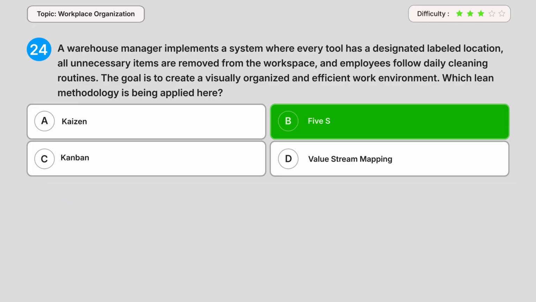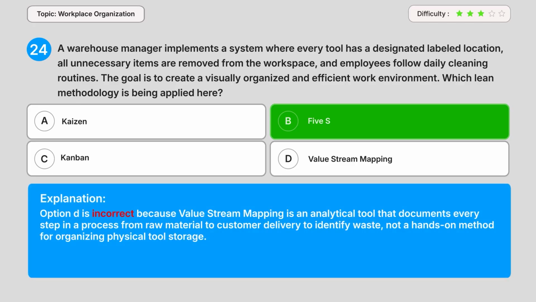Option D is incorrect because value stream mapping is an analytical tool that documents every step in a process from raw material to customer delivery to identify waste, not a hands-on method for organizing physical tool storage.